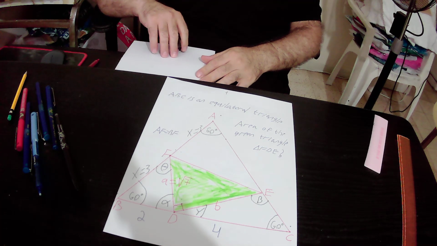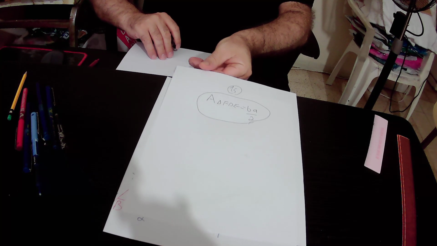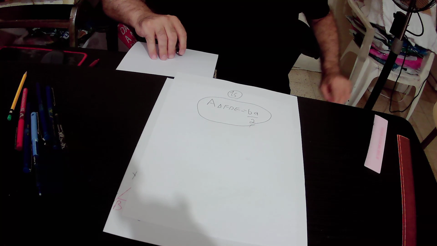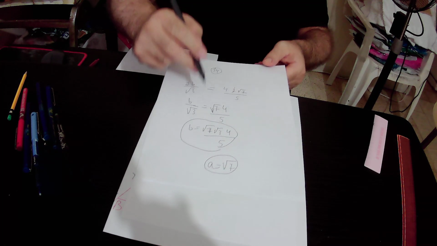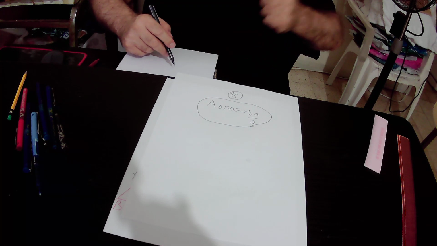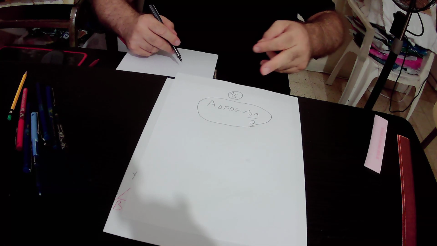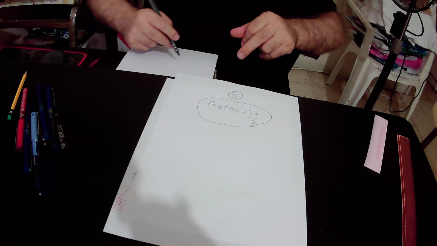Okay, so the area of the green triangle equals b times a over 2, and we have already found out the value of a and b, so the only thing that is left is to substitute a by root 7 and to substitute b by the value of b that we have already found.